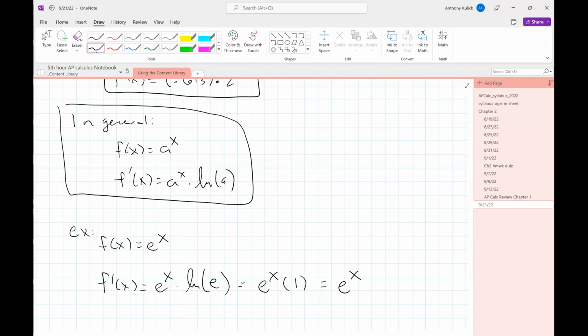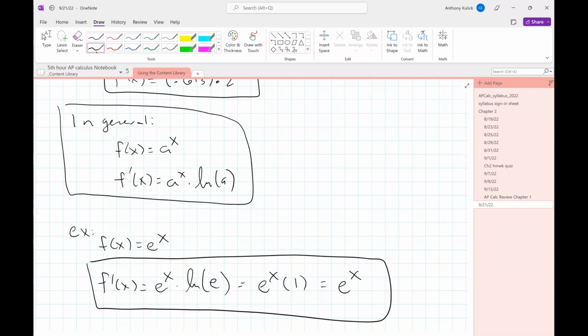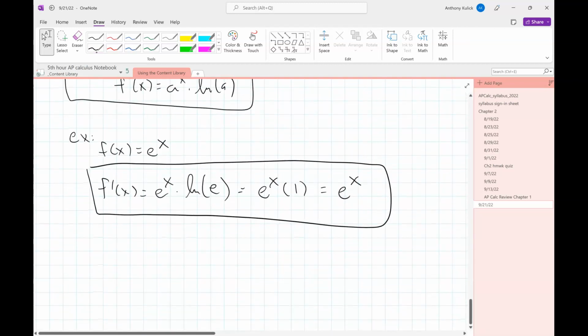Everybody's okay with that? So this, again, that's a theorem. You can use that the derivative of e^x is just e^x, which is really disappointing, right? Taking the derivative doesn't make it any less complicated. It actually makes it just the same.